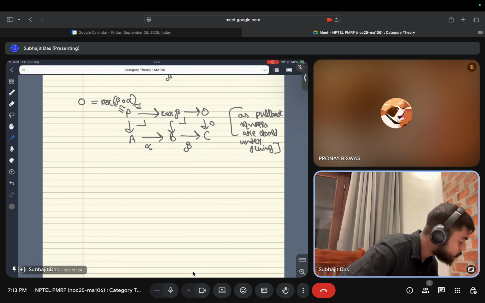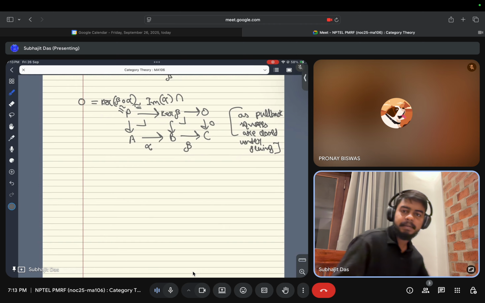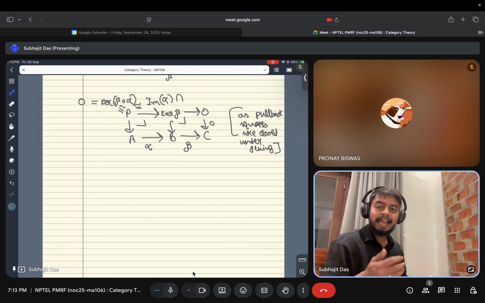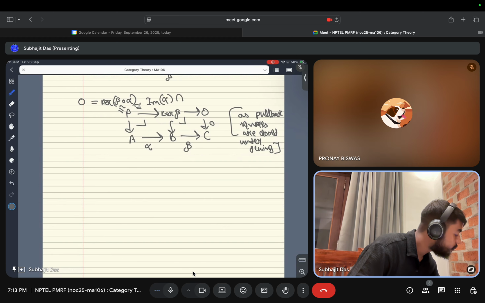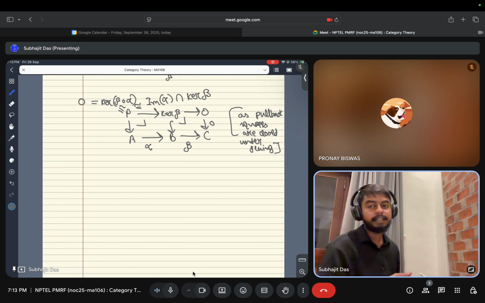So we can also say that P is isomorphic to the image of alpha intersection, or you can say A, doesn't really matter, as alpha will induce an isomorphism from A to the image of alpha. So image of alpha intersection kernel of beta. This is our P as well, right?